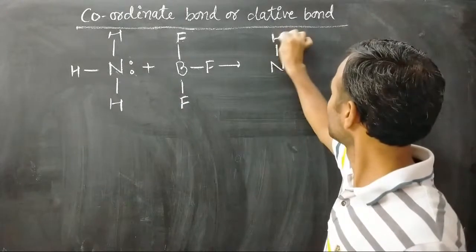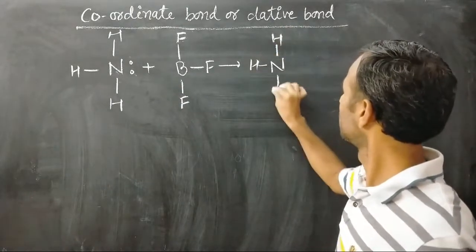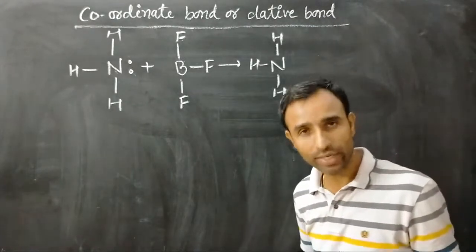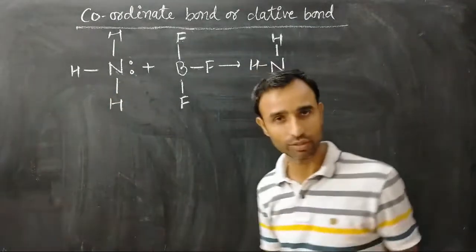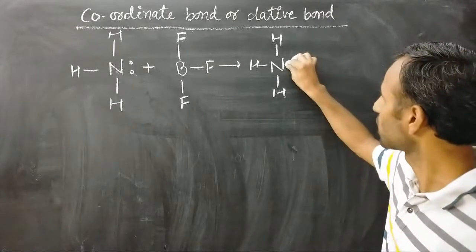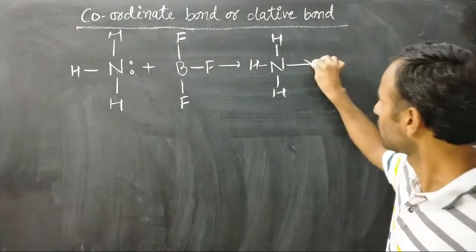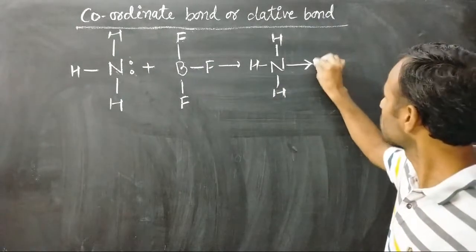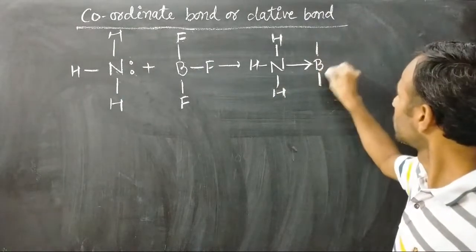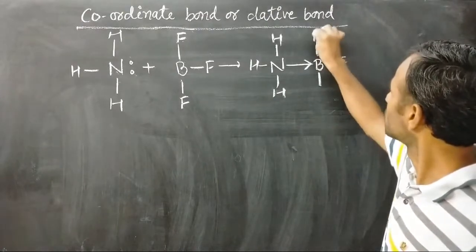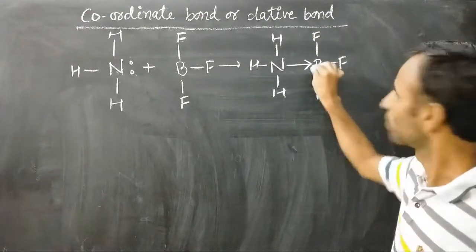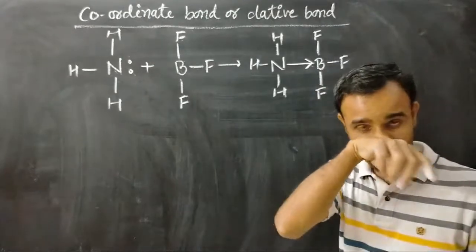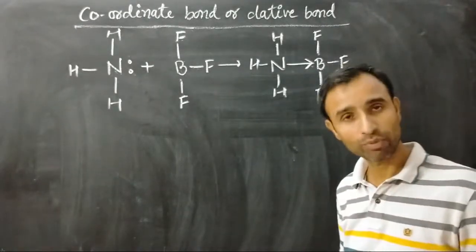But in this sharing, the total share is provided by ammonia. It is denoted by this arrow, from the one which donates the pair towards the atom which accepts the pair.